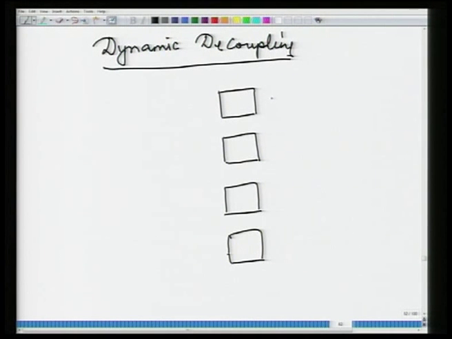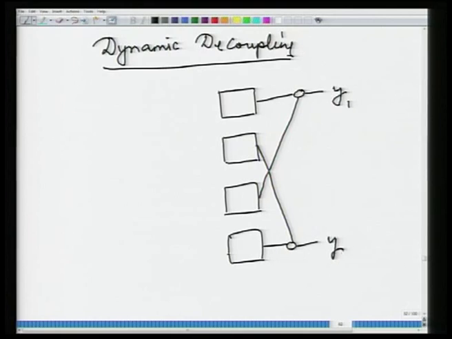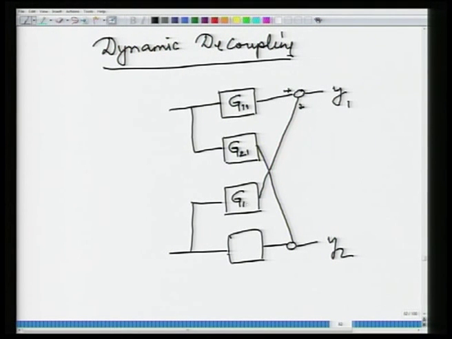And what I have is y1, y2, and this is u1, this is u2.